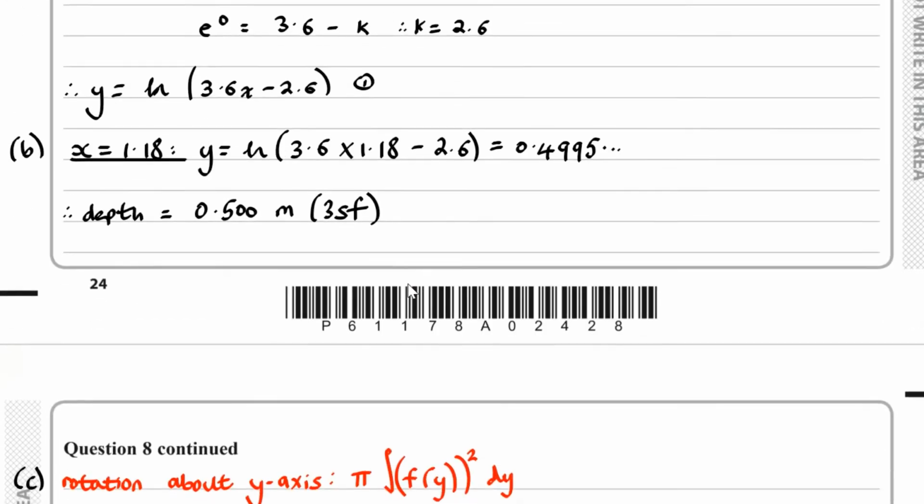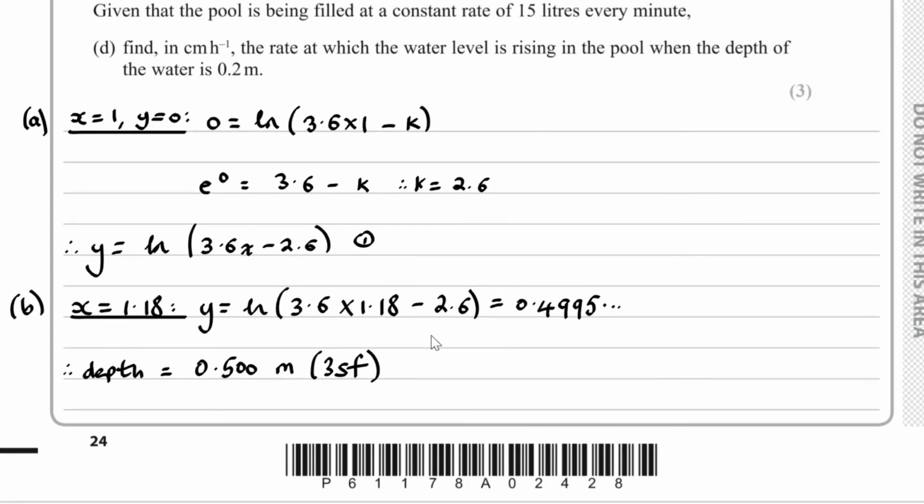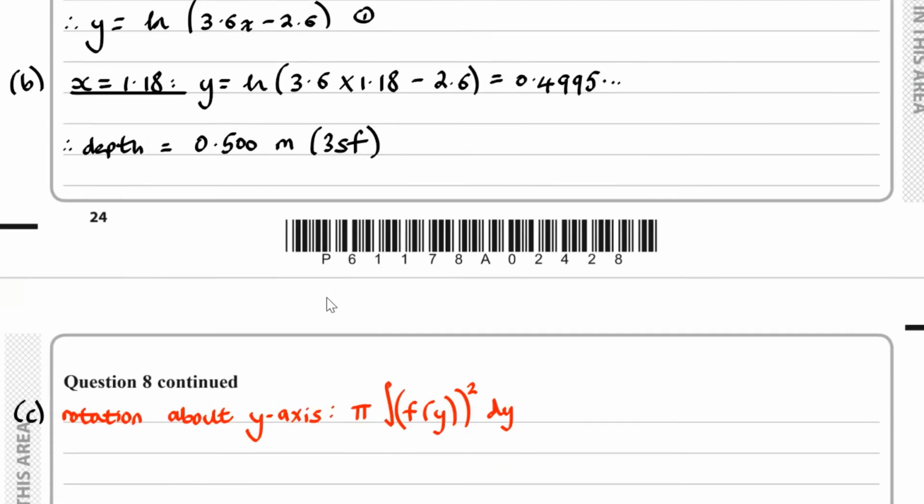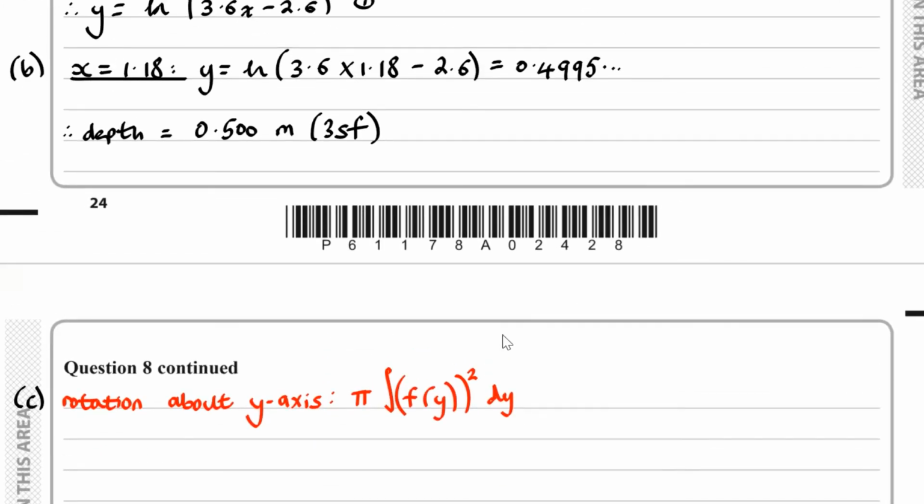And I think a better way to write this actually would be to rewrite this as x squared dy.